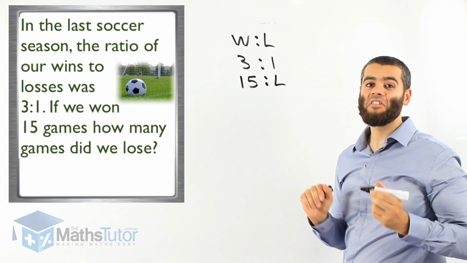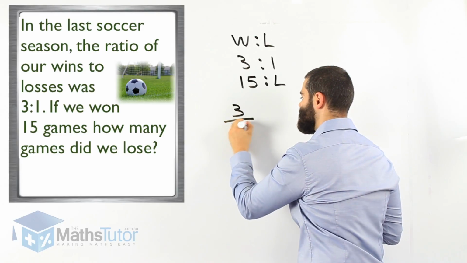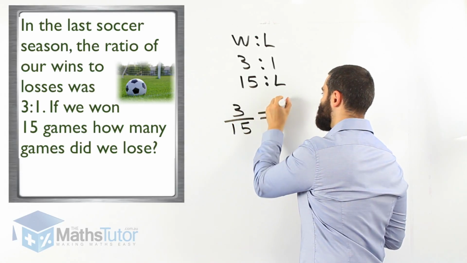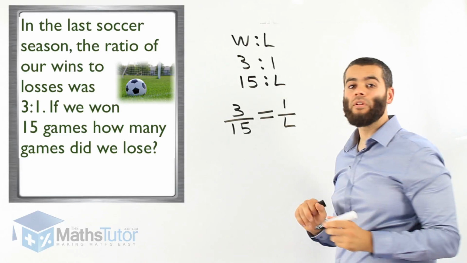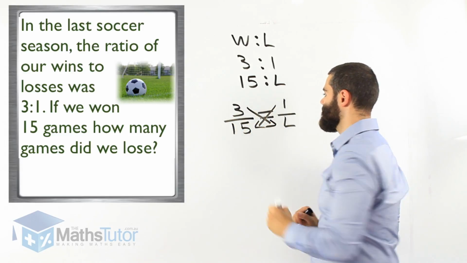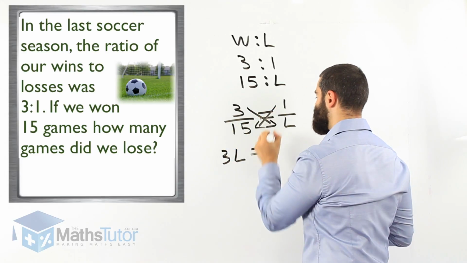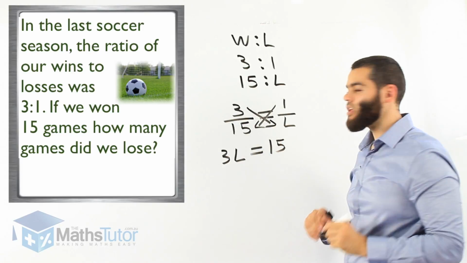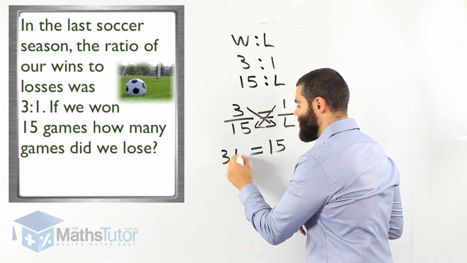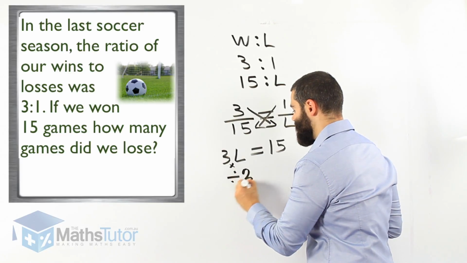Now, once again, we set it up like before. 3 over 15 equals 1 over L. What do we do now? We cross multiply. 3 times L, 3L. 15 times 1 is 15. Now, we know the 3L is really 3 times L. We want to find out L, so we divide by 3.